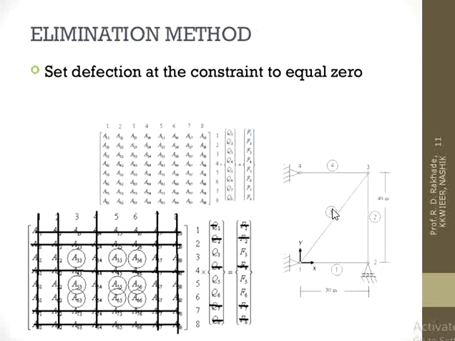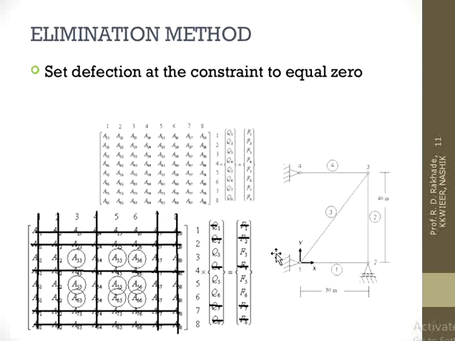So what is the elimination approach? If you know the value of displacement and load, that is 0. If position 1 or node 1 has 0 displacement and 0 load, then we eliminate the respective row and column.